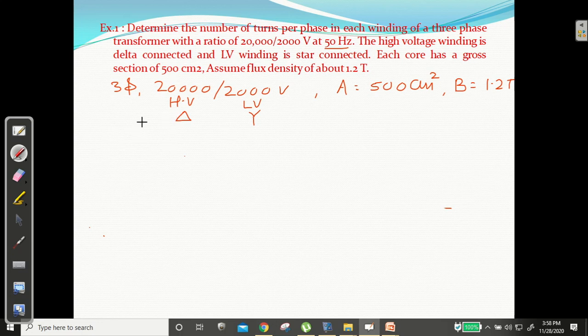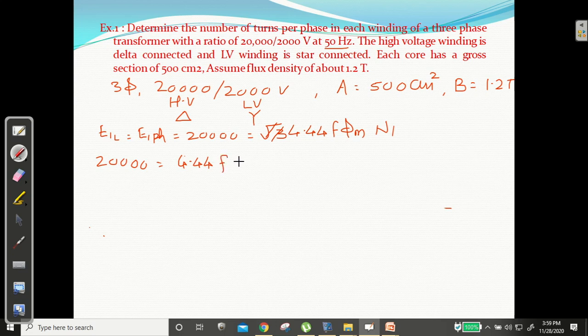Since the primary is 20,000 delta connected, E1 is the phase voltage, equal to 20,000, not root 3. So 20,000 equals 4.44 f phi m N1, where phi m equals Bm into A, N1 per phase. That is the E1 per phase.